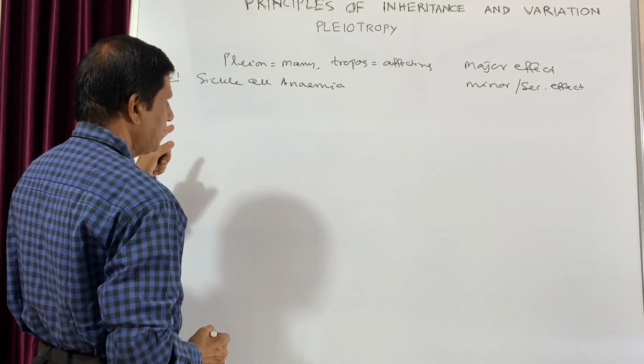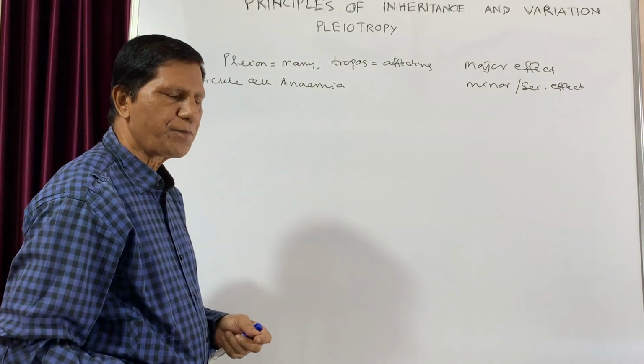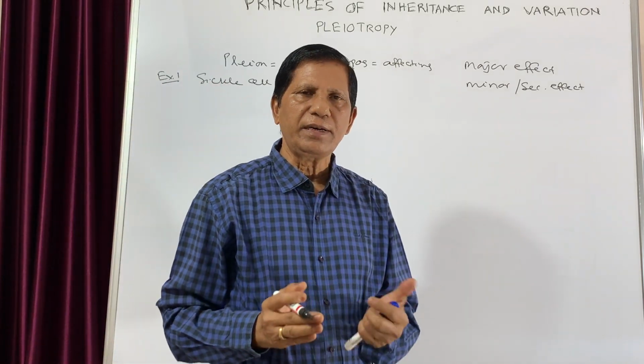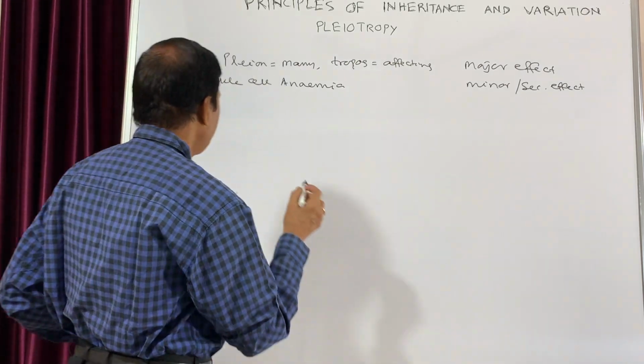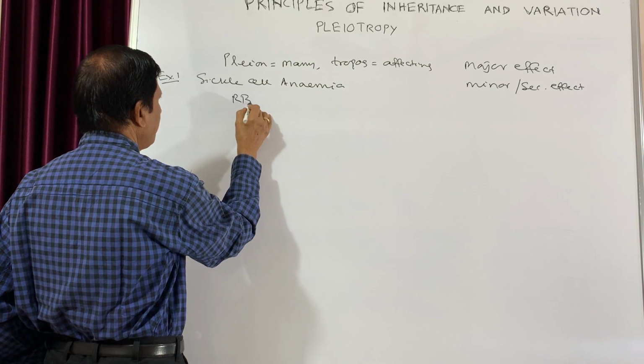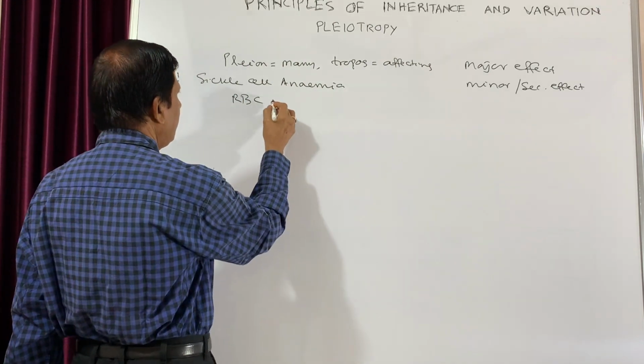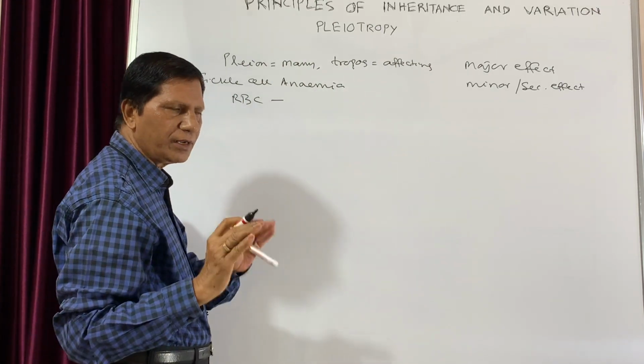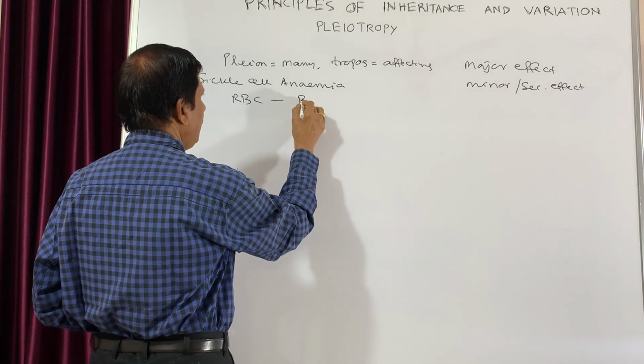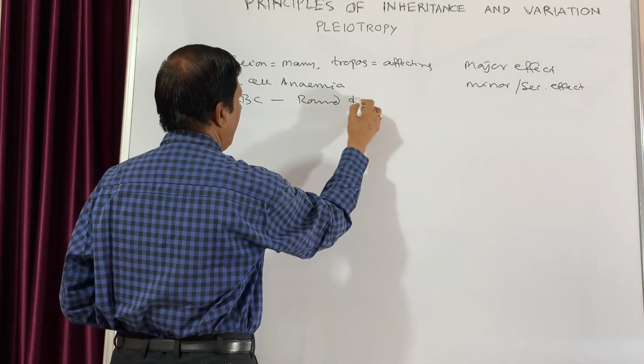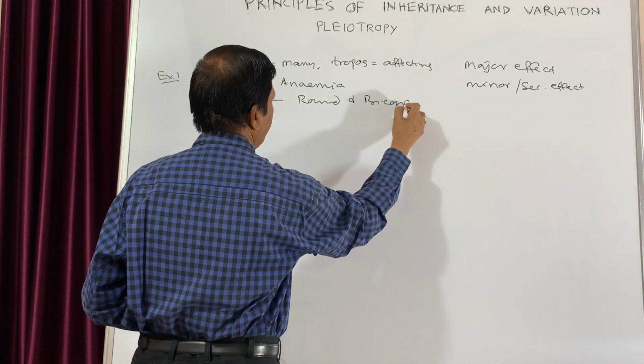So in the case of sickle cell anemia, what happens? We know that in our blood there is one cell that is the RBC. The RBC in normal human beings is round and biconcave.